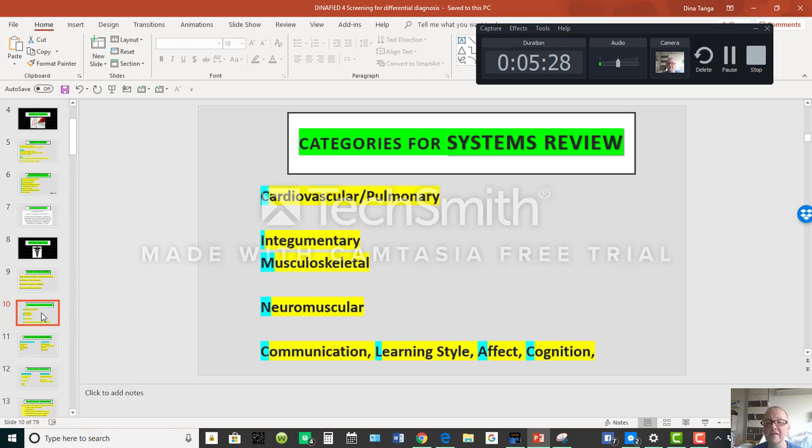So the categories for the systems review. You've got cardiovascular and pulmonary, integumentary and musculoskeletal, neuromuscular, communication, learning style, affect, and cognition.